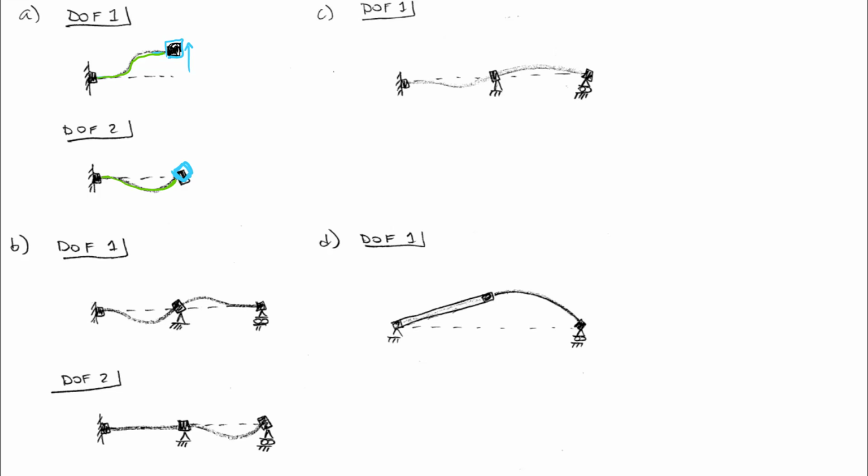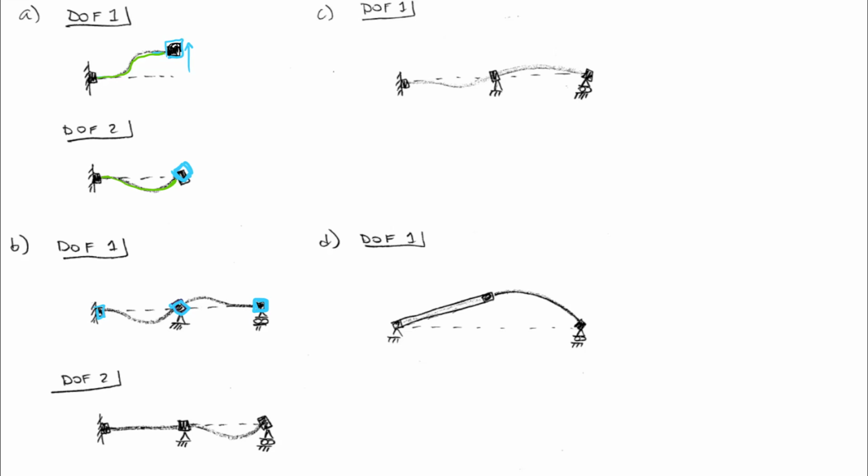In example B, degree of freedom 1 was a rotation of the center node, and indeed that's what I've done. I've rotated that center node. You'll notice that I haven't allowed that node to rotate, because that's not involved in the degree of freedom. This node, I didn't make this explicitly clear in the previous example, doesn't rotate or move because of the fixed end.